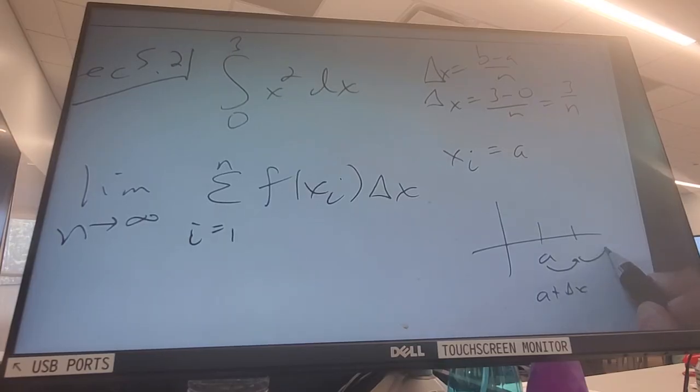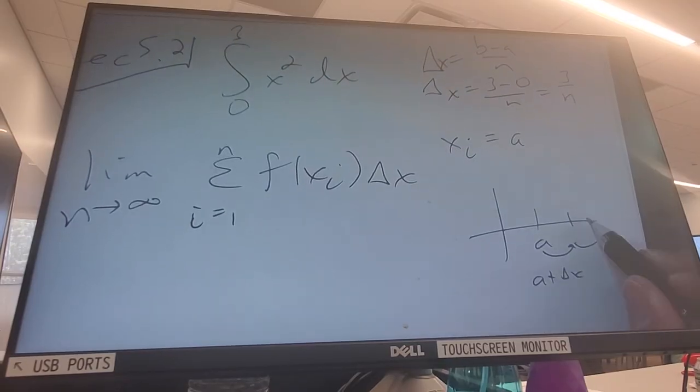And then to get to the next one, it'd be A plus 2 delta x. So if this is the first one, this is the second one, how do I get to the ith one? How many steps do I take to get to the ith? So how many steps does it take to get to x1? A plus 1 delta x to get here, A plus 2 delta x to get to x2.